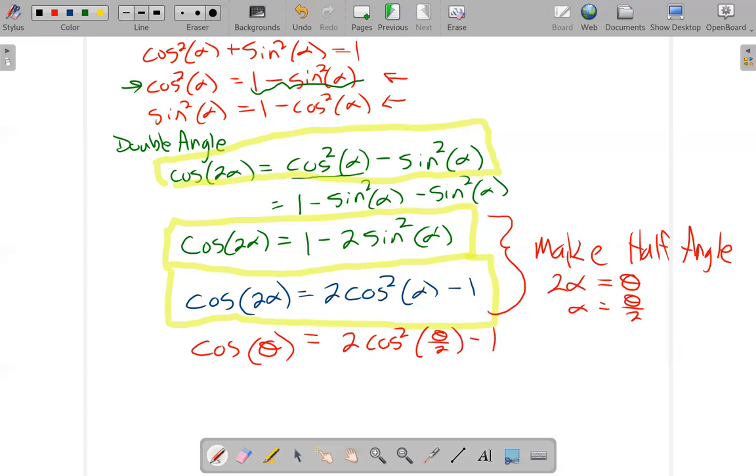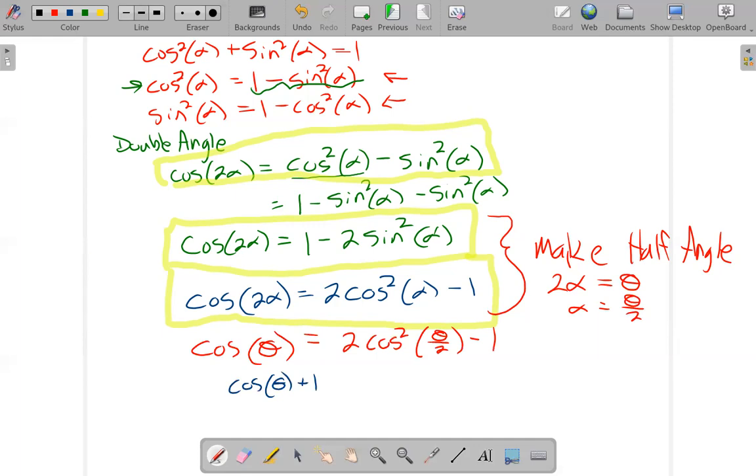So now instead of my focus being on a double angle, I have a focus on an angle and a half angle. I'm just reversing the direction. Then I'm going to solve for this cosine of theta over 2. I would add 1 to the other side, so that gives me, let's do it in blue, cosine of theta plus 1, brings the 1 over.